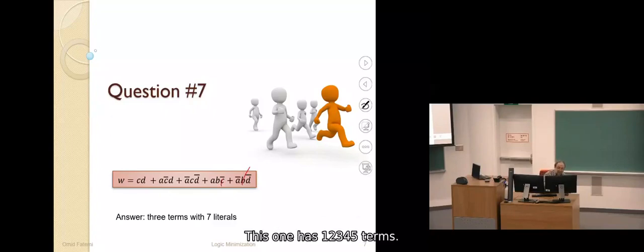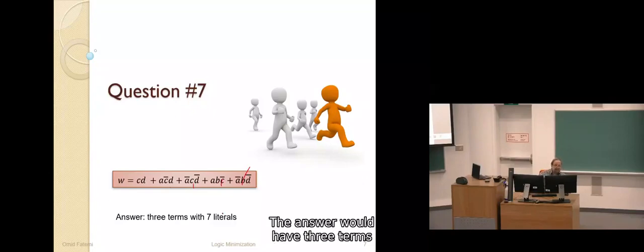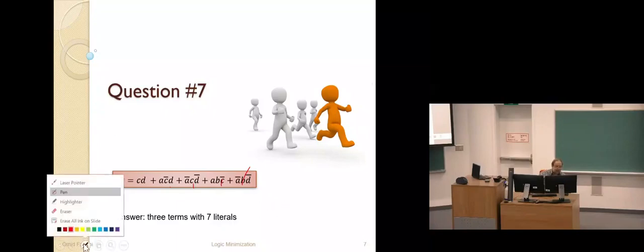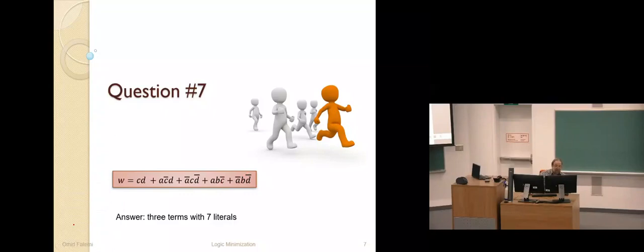This one has 1, 2, 3, 4, 5 terms. The answer would have 3 terms with a total of 7 literals. Okay, maybe if you didn't think about it before, it takes maybe 2 minutes. Let's think about it.